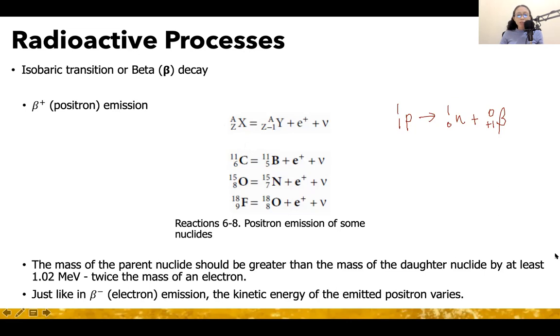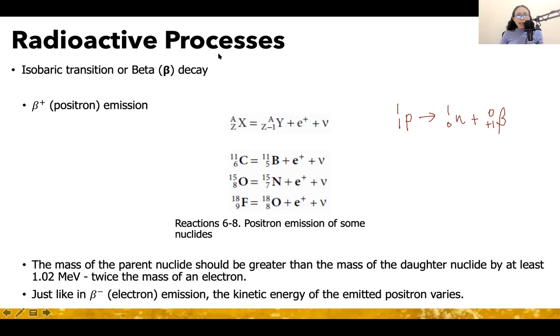Furthermore, you have a positron, which is a positively charged electron created from the nuclear energy of our parent nuclide. So, in essence, the process sort of loses two electrons, which is why to account for the two electrons lost, the mass of the parent nuclide should be greater than the mass of the daughter nuclide by at least twice the mass of an electron.